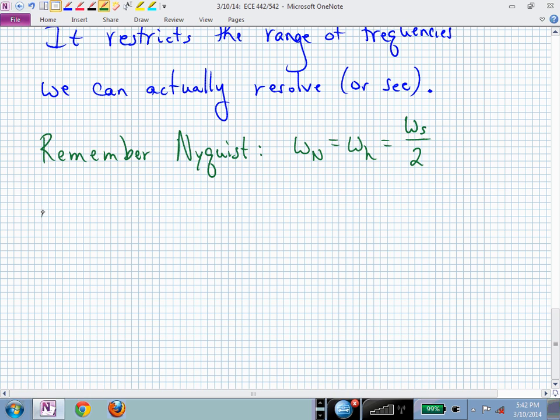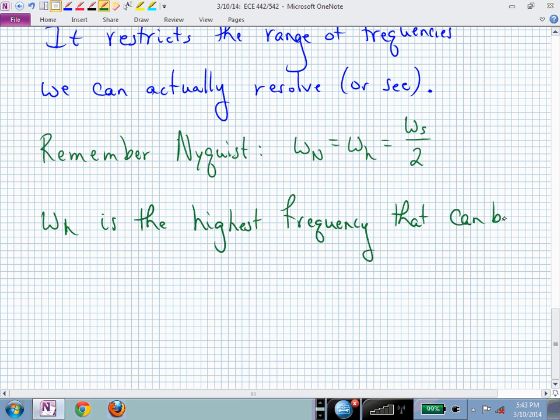So this omega sub h is the highest frequency that can be resolved in a sampled waveform.